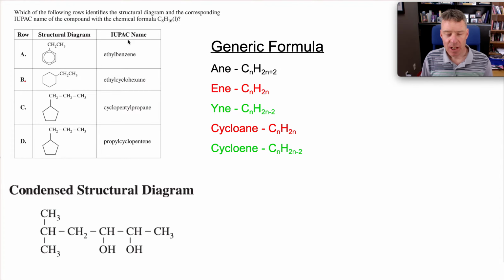Next, there's a lot of questions in the released items that relate to isomers and generic formulas. So we have a C8H16, and it's not an outcome to know generic formulas, but they help you answer a lot of questions. So we're given a C8H16, so the pattern here is CnH16, double 8.